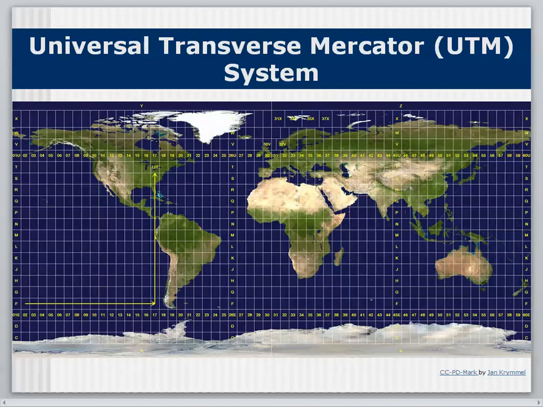Now here we have an example of a UTM, Universal Transverse Mercator system. And by the way, this is a Cartesian system. One very big advantage of it is that when it comes to distortion, it has a very unique way of spreading things out, so to speak. And this is a favorite of many militaries in the world.